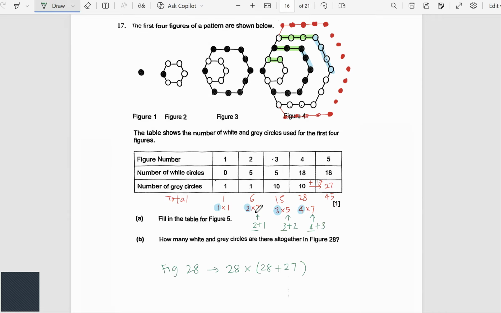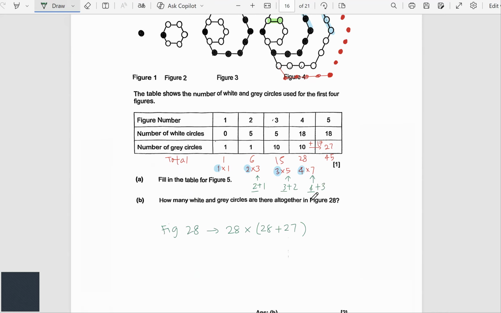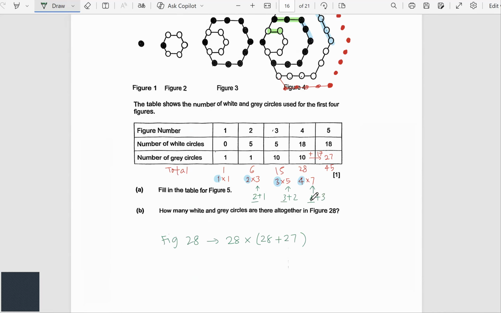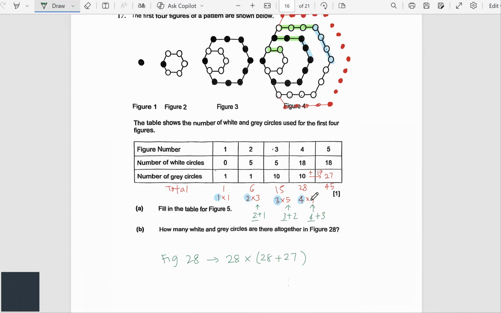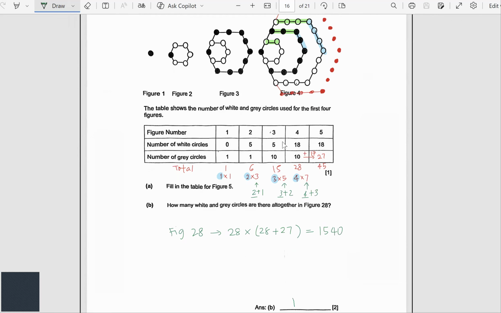Okay, so this is the pattern that is observed from here, which takes some steps to derive. Not the easiest type of pattern question. Only 2 marks. So from here you get 1540. Okay, so answer 1540. This is not a common pattern question. It's considered on the harder side lah.